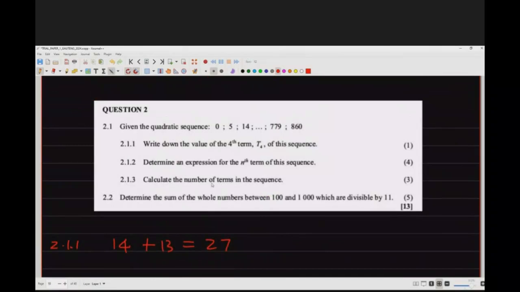And then question 2.2 says, determine the sum of the whole numbers between 100 and 1000, which are divisible by 11. Right, so what we're being asked here is to essentially consider the sum of the whole numbers between 100 and 1000, which are multiples of 11.